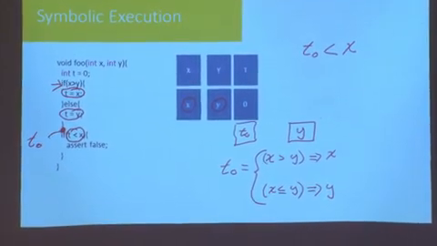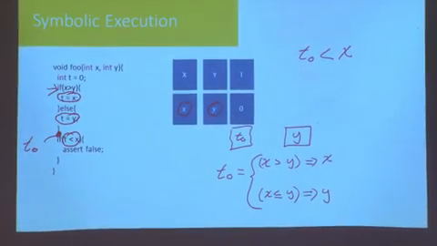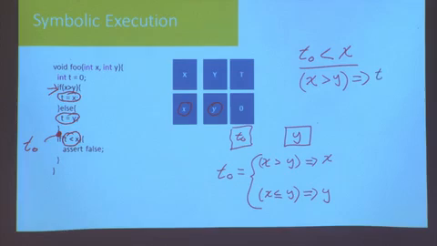So in fact, we can express this as a constraint: is it possible to have t0 less than x and to have x greater than y imply t0 equals x, and x less than or equal to y imply t0 equal y.